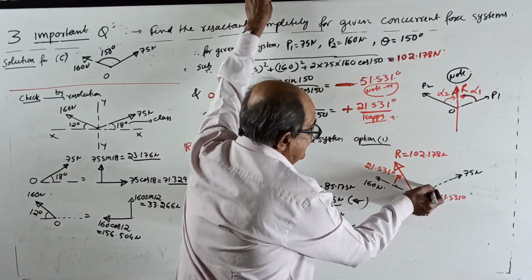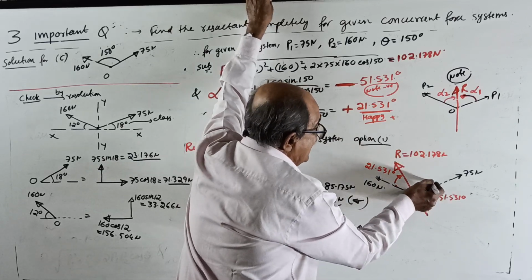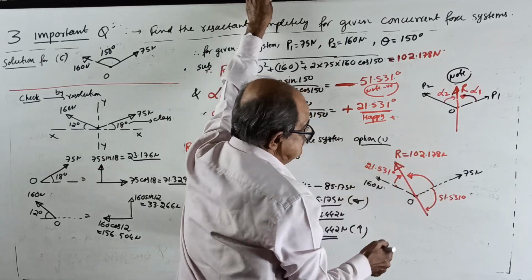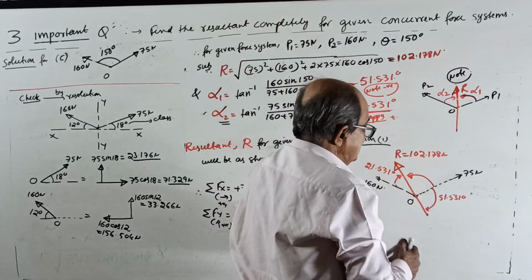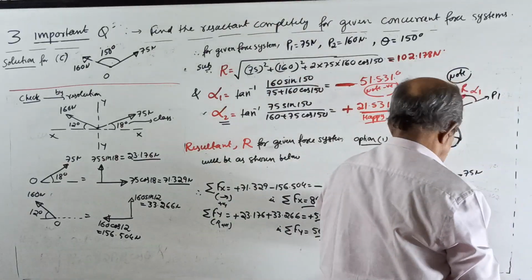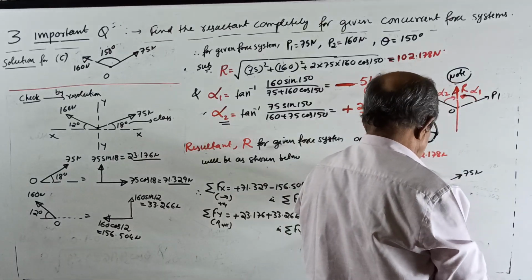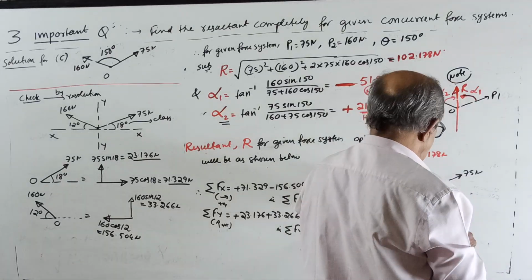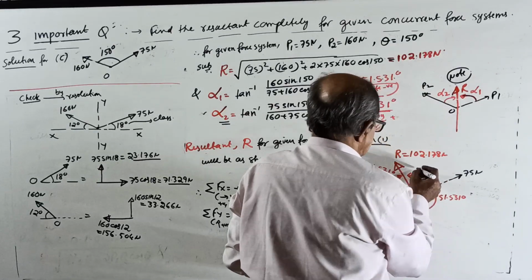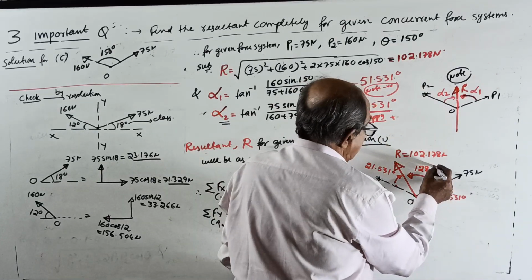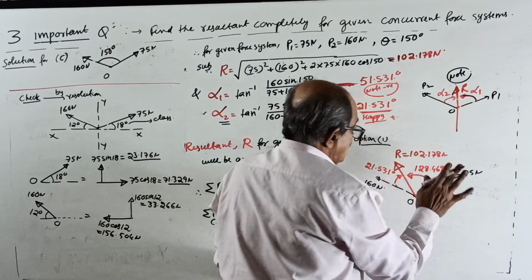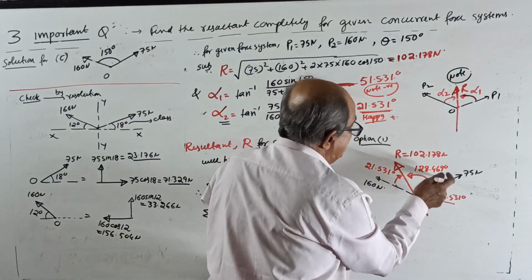If you want this angle, the total is 180, so from 180 subtract 51.531, you get 128.469 degrees. That is one solution.